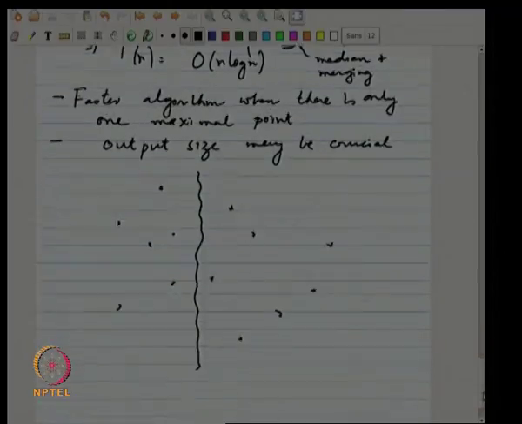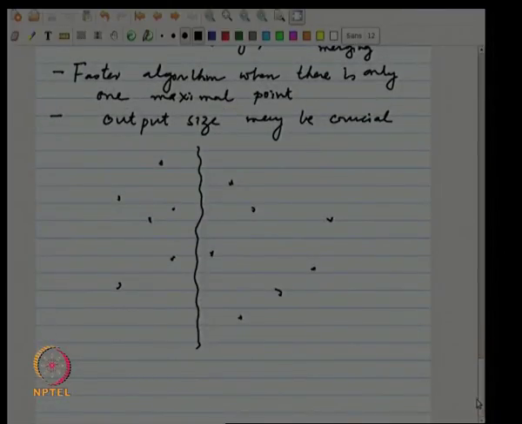So, I can find the median in linear time, and after having found the median, I can separate out all these points. I need not know the relative ordering of those points. I know the right half of the points, and once I know that, I can find the maximum y coordinate, and the whole thing is order n.